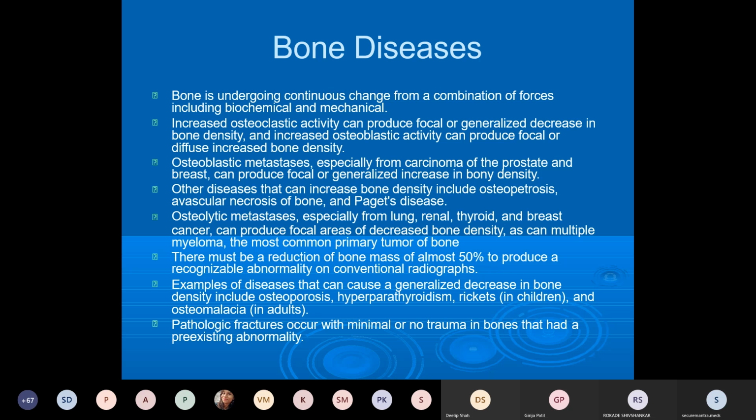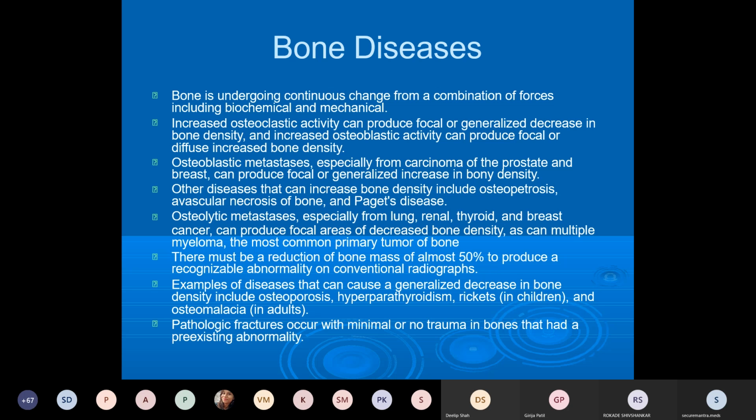Osteoclastic activity leads to decreased bone density, and osteoblastic will cause increase in the bone density. Osteoblastic metastasis, especially from carcinoma of the prostate and breast, can produce focal or generalized increase in bone density. And other diseases that can increase the bone density are osteopetrosis, avascular necrosis of the bone, and Paget's disease.